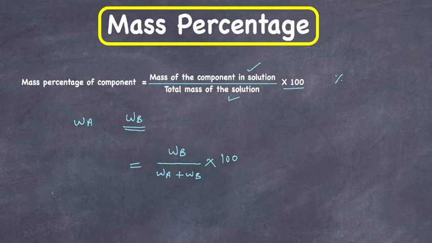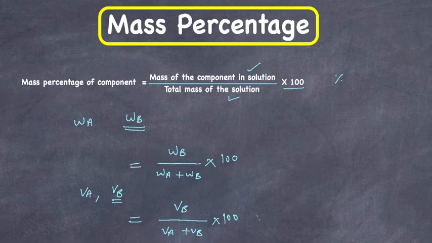So let's say if we have again component A, and the volume of component A is VA, and the volume of component B is VB, and we'd like to calculate the volume percentage of component B, then it is going to be VB divided by VA plus VB and multiplied by 100. So this is known as volume percentage.